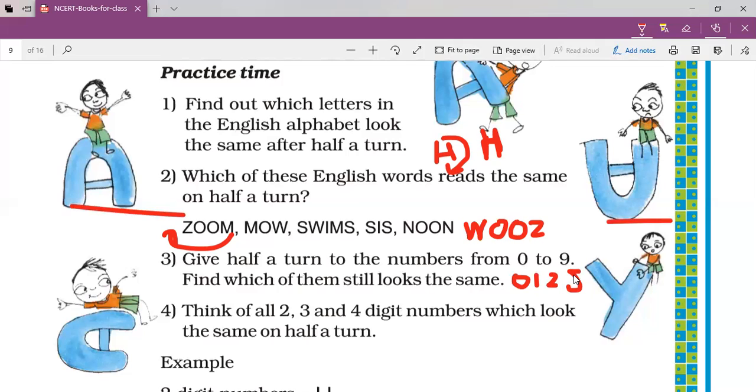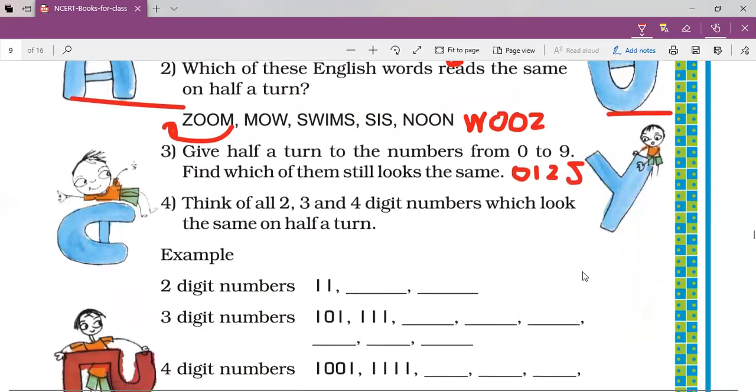It will look like this. This will be the half turn of 2. Is it looking the same as 2? No, it is not. So search 0 to 9, all numbers, and check whether, when you give a half turn, it looks the same or different.